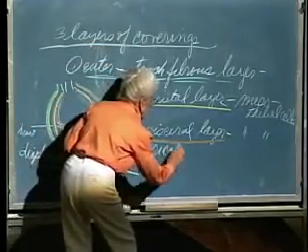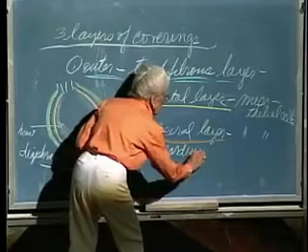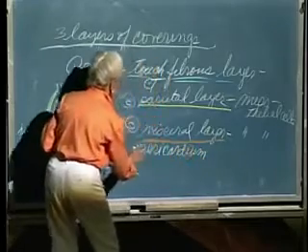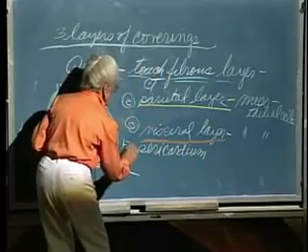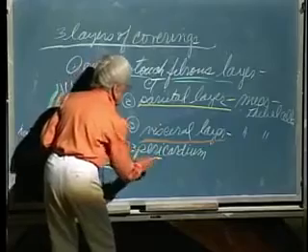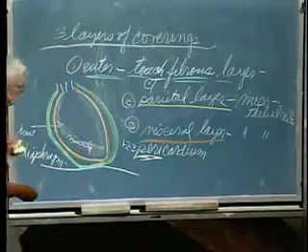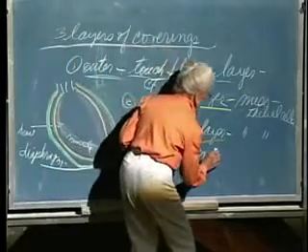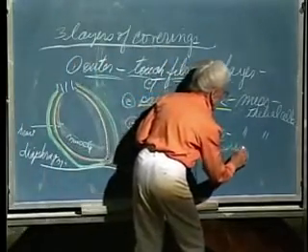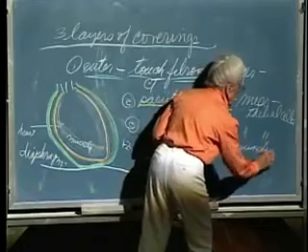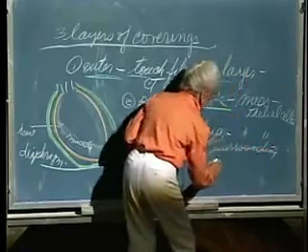So 1, 2, 3. Peri means around. So they make up the pericardium surrounding the heart, for protection.